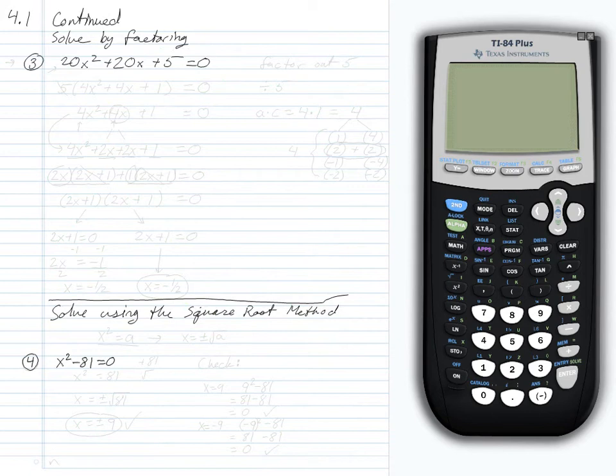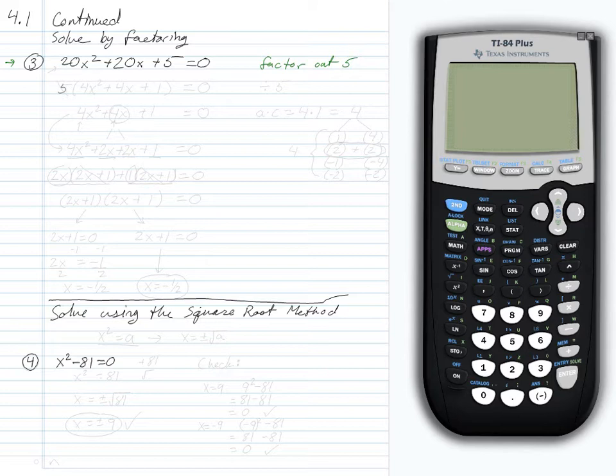So here we have our third quadratic equation, 20x squared plus 20x plus 5 equals 0. So I will go through the steps by the book. The first thing I'll do is see if there's a common factor in every term. Now 20, 20, and 5 are all divisible by 5, so I'll factor 5 out of each term.